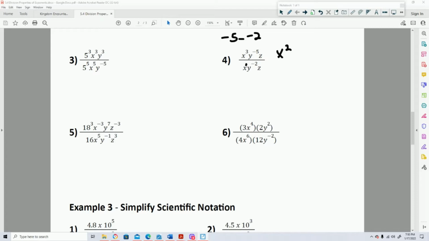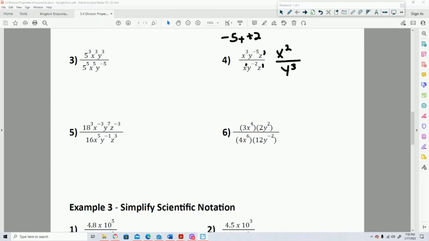There's a minus sign between those, so that becomes plus 2. And that gives me a negative 3, so it's y to the negative 3. I'm going to put it on the bottom as y cubed. Just like that. z to the 1 over z to the 1, 1 minus 1 is z to the 0, and that equals 1, and I really don't have to write it. So I get x squared over y cubed.